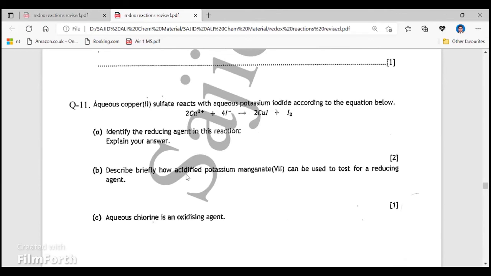Now, question number 11. Aqueous copper(II) sulfate reacts with aqueous potassium iodide according to the equation shown below. Cu2+ ions are in the form of ions when you add iodide ion solution to it. Copper(I) iodide will be formed and iodine is also formed.